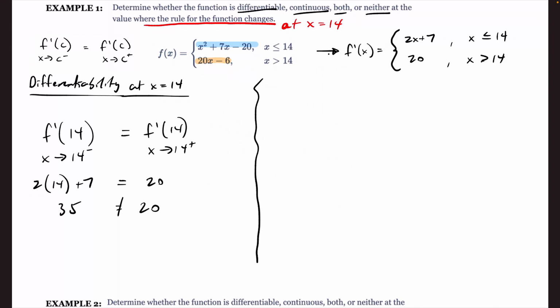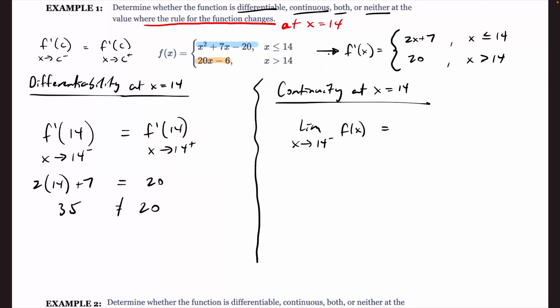So we're checking continuity at x equals 14. So we have the limit as x approaches 14 from the left for the original, right? When we're doing limits, we want the original, not the derivative. Last chapter, we didn't do any derivative stuff.